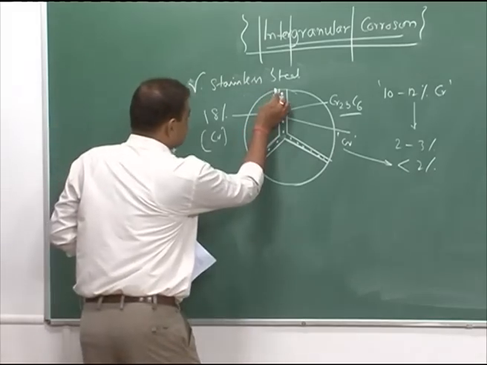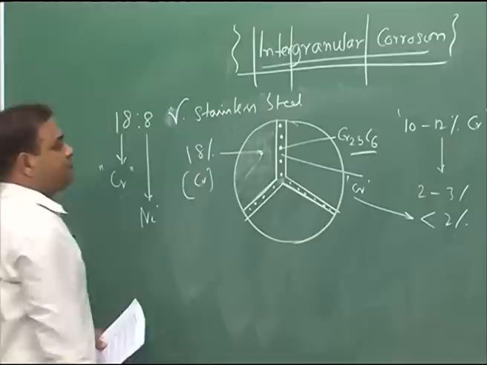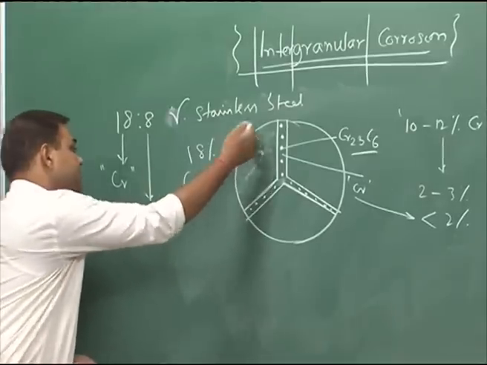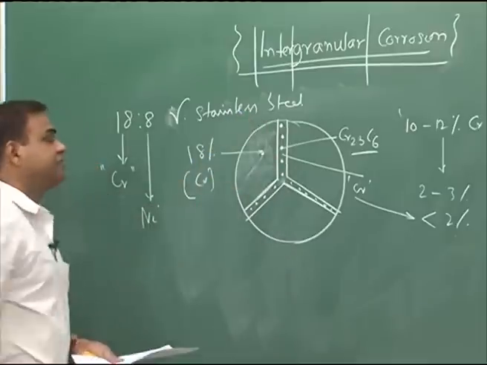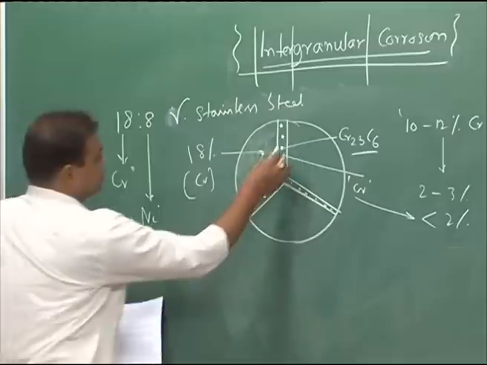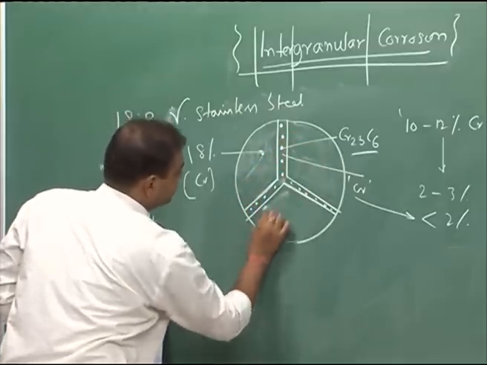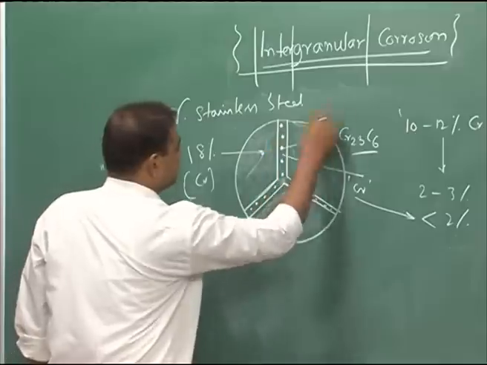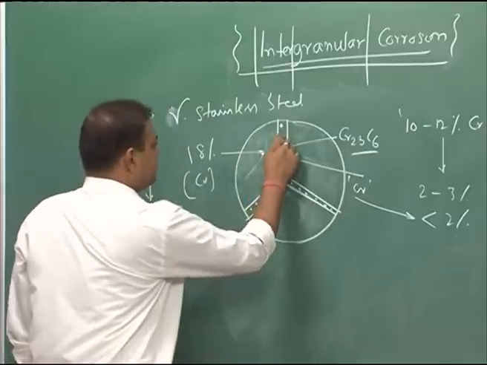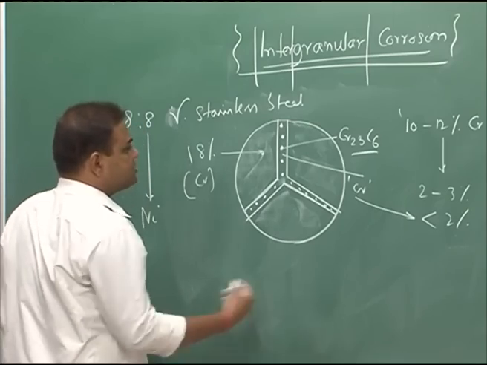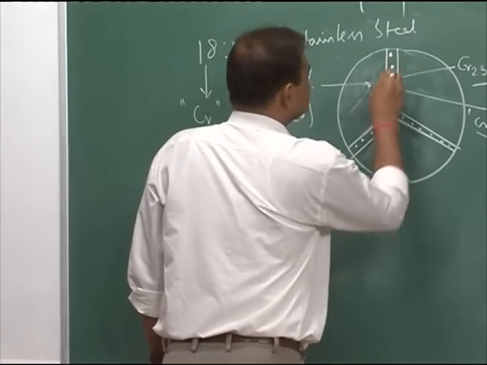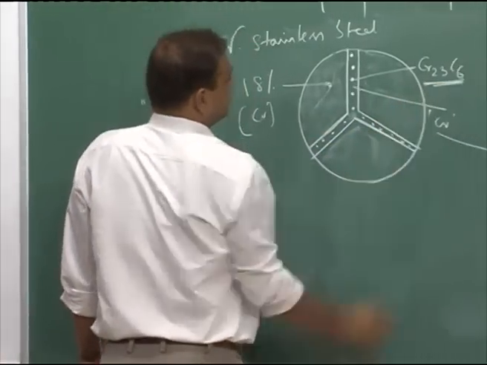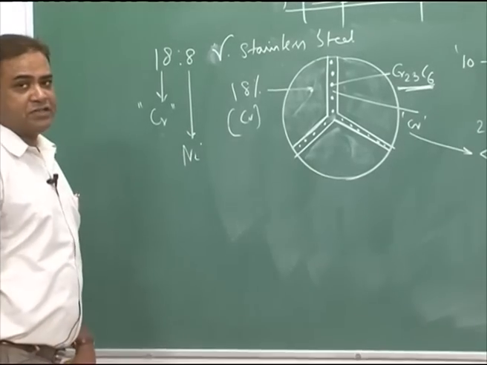The chromium oxide layer forms on this section, and on this section as well, and since these contain a lot of chromium, there it is not a problem. The carbide phase will also act as cathodic, since it is cathodic in nature compared to iron.